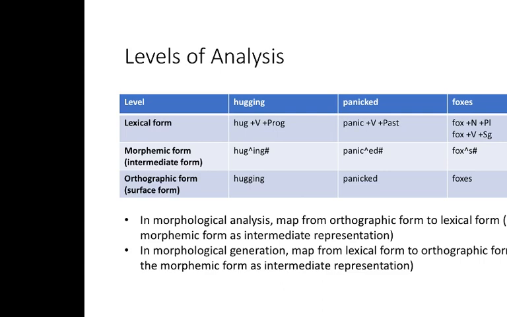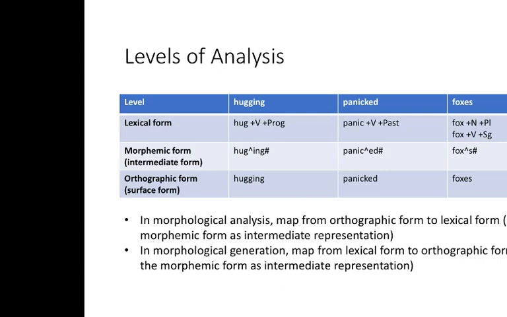The intermediate or morphemic form has a sequence of morphemes, but these are normalized so that every morpheme has just one form. So for example, the plural S, even though it can be ES or S in English, it's always just S. And each of these is separated by a caret, and all of it is terminated by a hash mark. So this is what the morphemic form or intermediate form is.